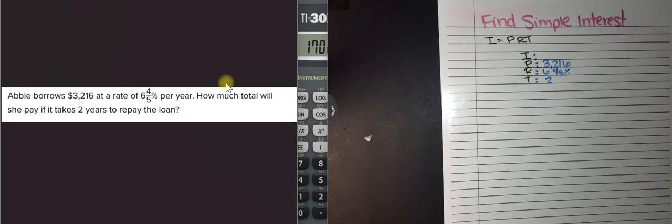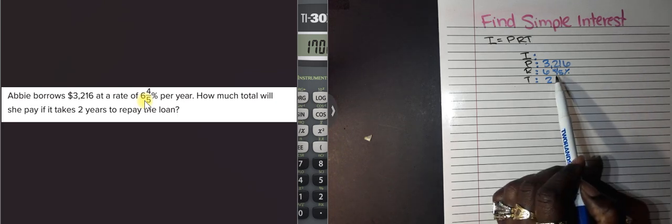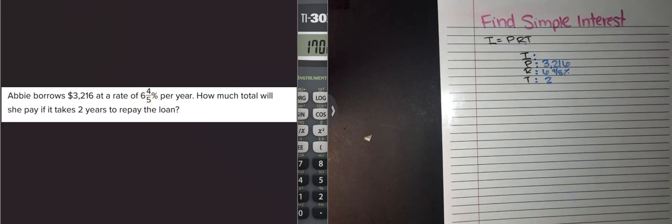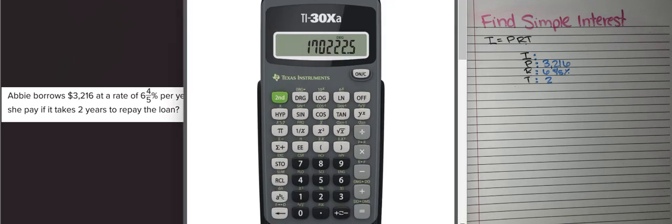The other thing that we want to do is convert our percent into its decimal equivalent. Remember, you can use your calculator to convert that fractional amount by choosing the 6, ABC, 4, ABC, and then 5, and then the second and then the backspace to convert it to a decimal equivalent.